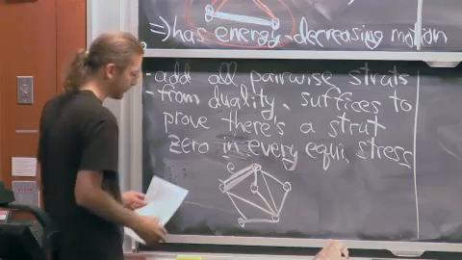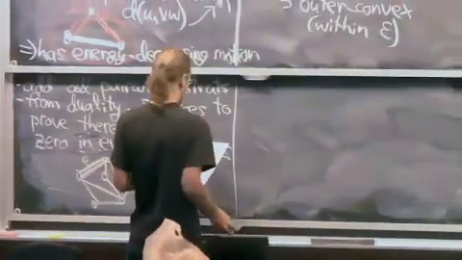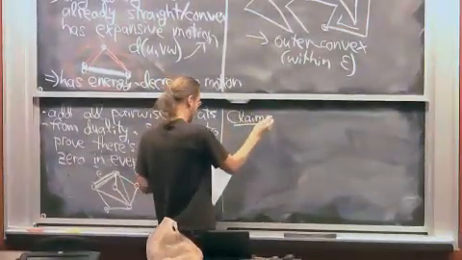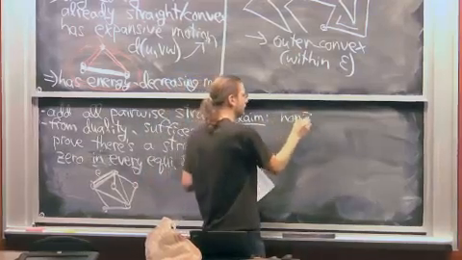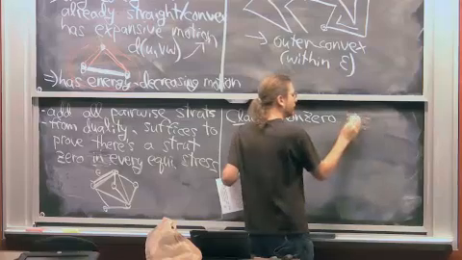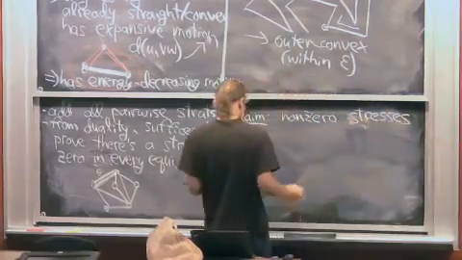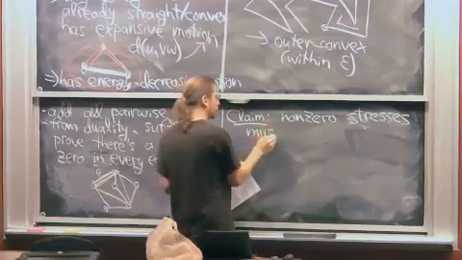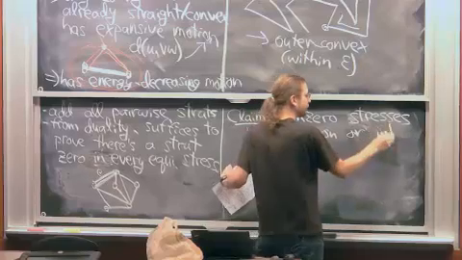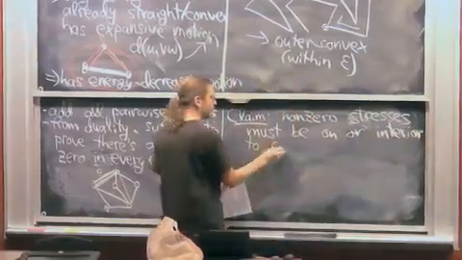Why is it zero in every stress? Well, I claim, and we've essentially proved this, that in any equilibrium stress, non-zero stresses must be on or interior to convex polygons of bars.